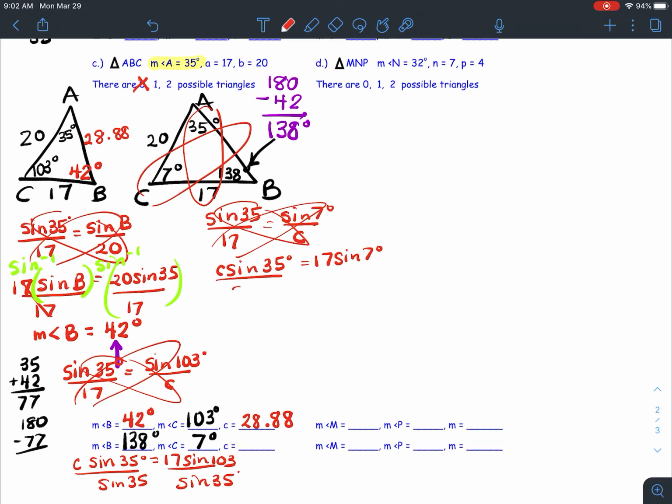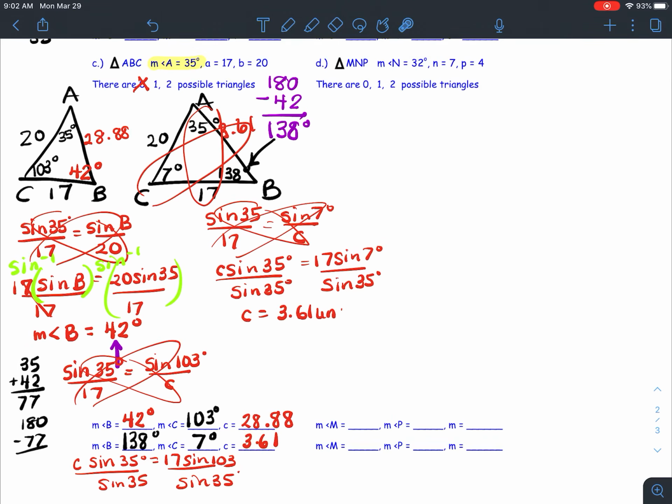I think the trick with these problems is when you find your first angle, if your first angle is an error message, you're done. The answer is no solution, and you are simply saying there are no triangles possible.